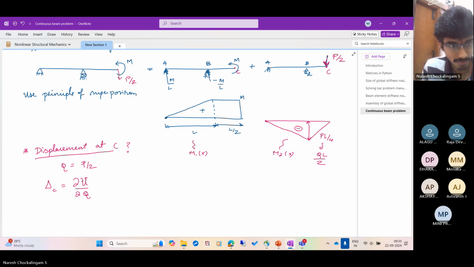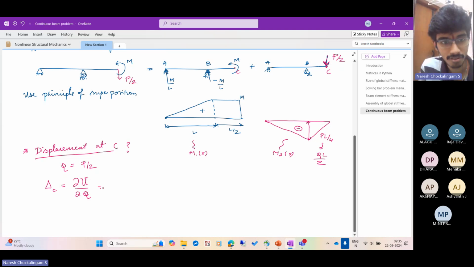So this will first give you something which is a function of both M and Q. Then you set the rotation at this point equal to 0. We'll do it. It's easy. So what is U? It is dou by dou Q of what is U? Strain energy.